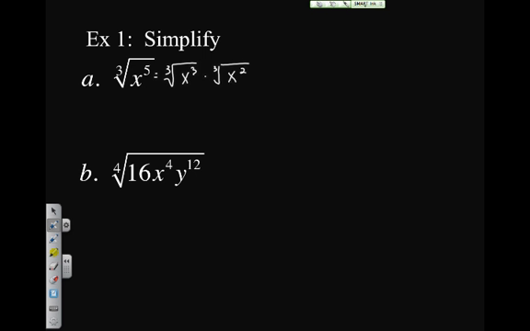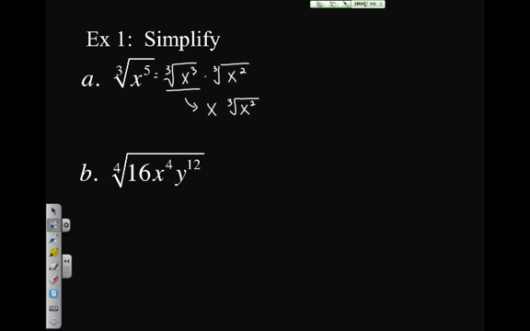Remember, we want to use one thing that's a perfect cube, and from the previous slide, we know that this is equal to x. This second part, we can't simplify that anymore, so we just leave that as the cube root of x squared. So our answer there is x times the cube root of x squared.